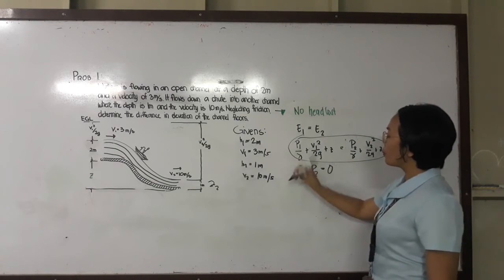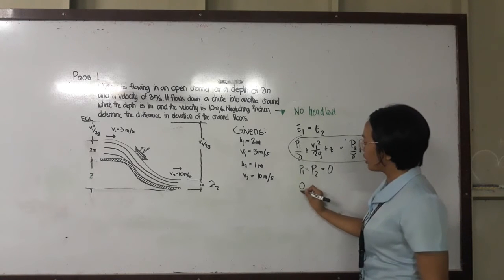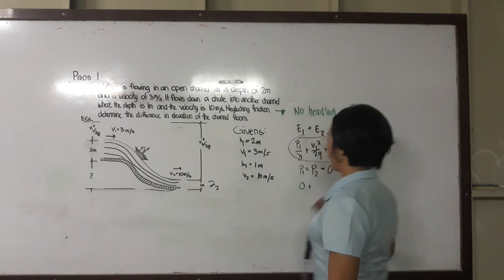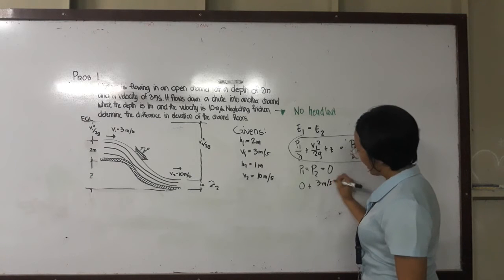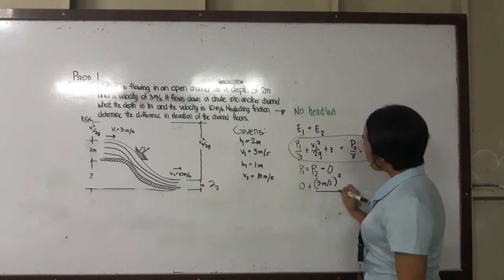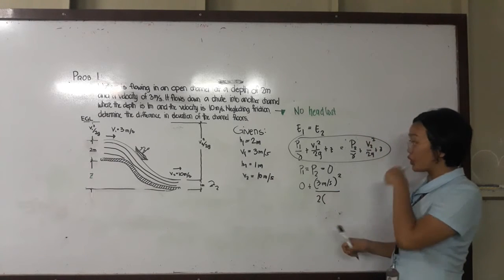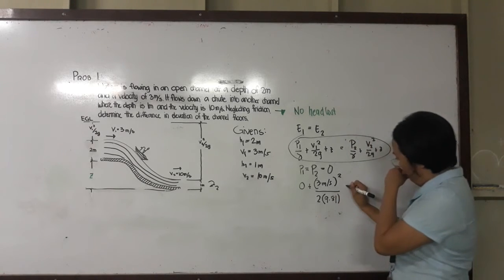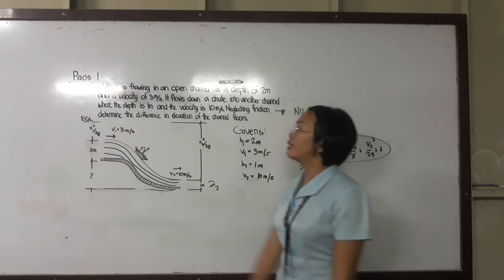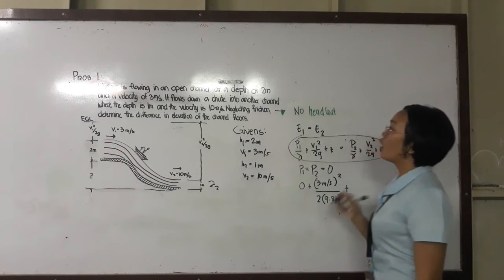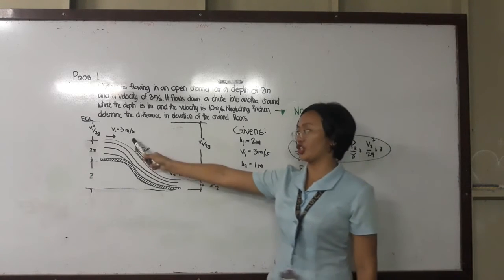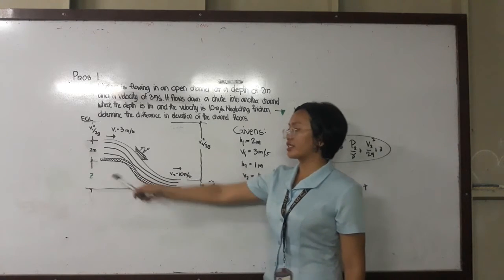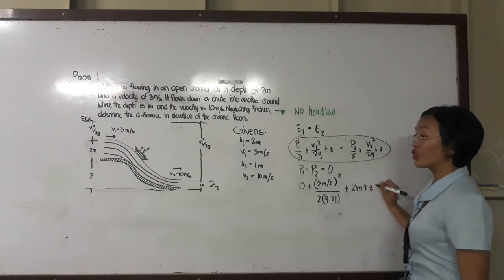Pressure over the unit weight is equal to 0, plus the velocity in section 1 is 3 meters per second, so 3 meters per second squared over 2 times the value of gravity, 9.81, plus the depth of the water flowing in this section, 2, plus the head difference, which is z, which is unknown.